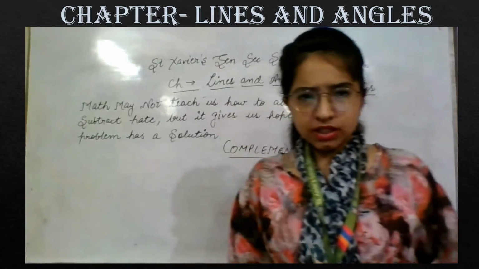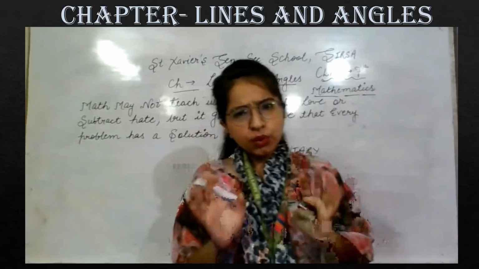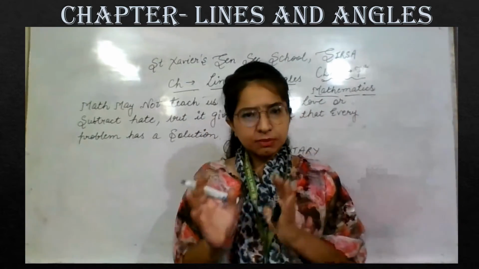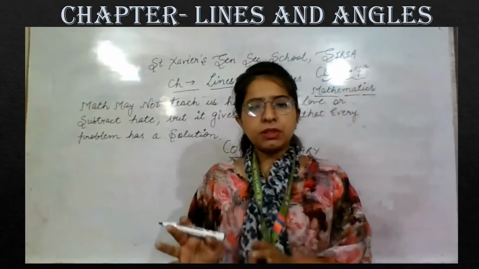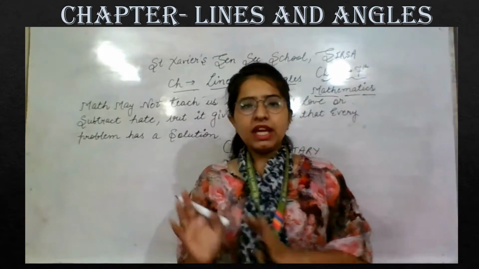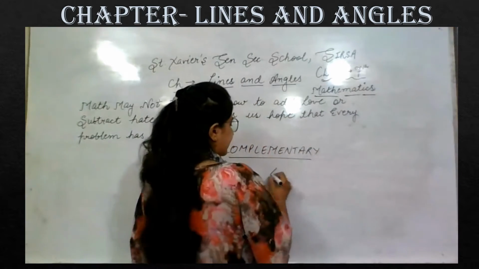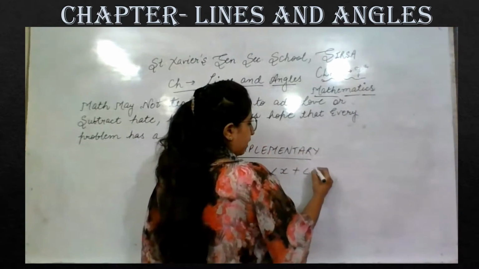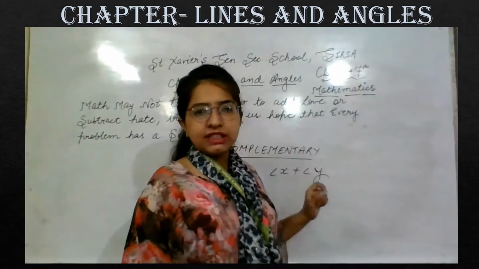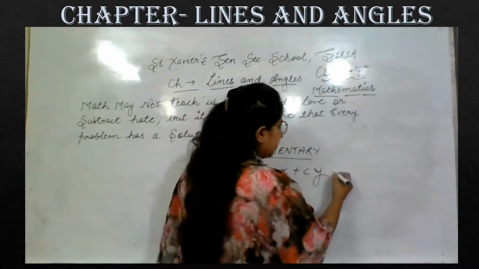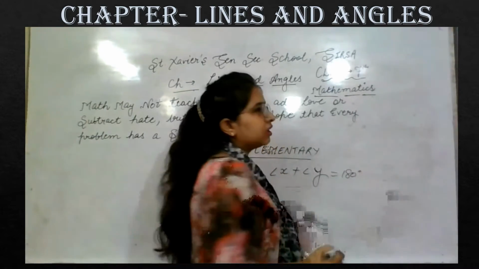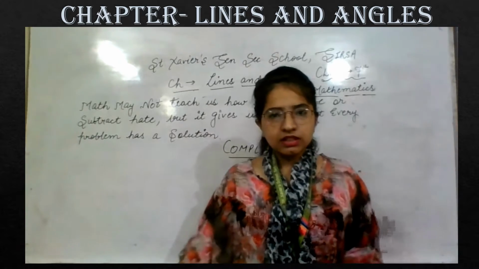Complementary angles are those angles, you can take any two angles, and the sum of those angles must be 90 degree, then it will be called complementary angles. Okay, if you will take two angles, that is angle X and angle Y, if the sum of both these angles is 180 degree, then you can call it complementary angles. Clear?